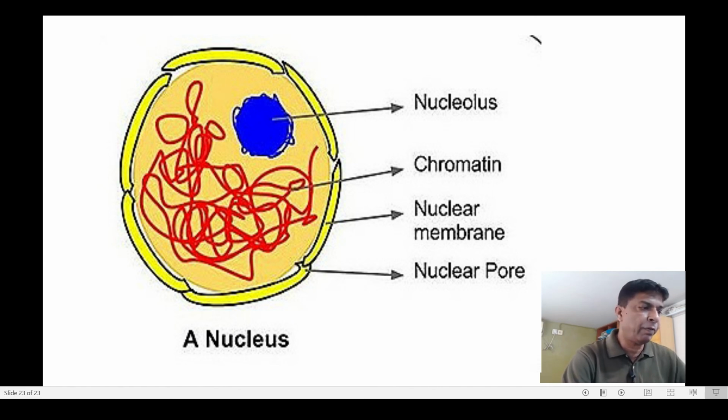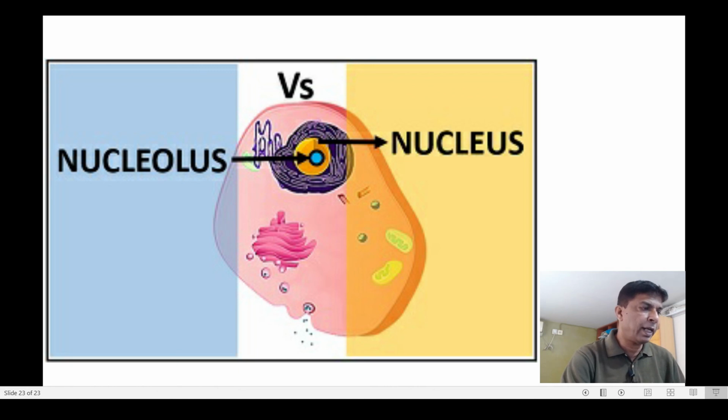Now let's see the differences between nucleus and nucleolus. There are lots of differences between nucleus and nucleolus. Firstly, the nucleus is present inside the cytoplasm, whereas the nucleolus is present inside the nucleus. The nucleus has 4 components. These are the nuclear membrane, nuclear reticulum, nuclear sap and nucleolus.